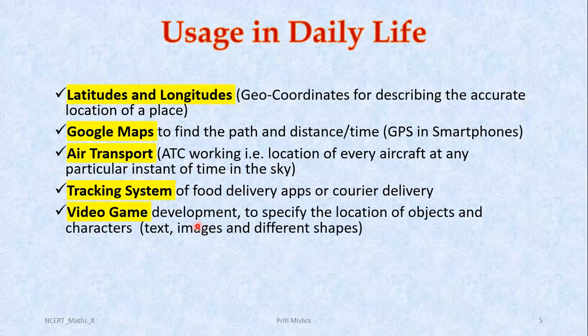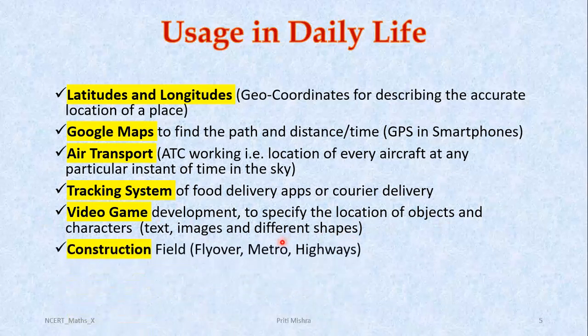In video games, developers use coordinate geometry to specify the location of objects and characters, meaning they can specify text, images, and different shapes or different objects with the help of coordinate geometry while developing video games.